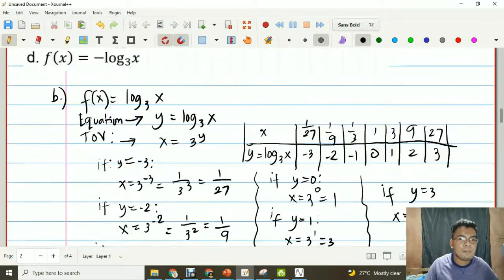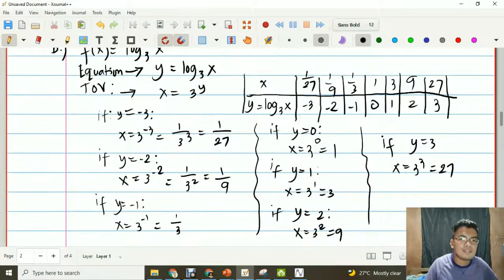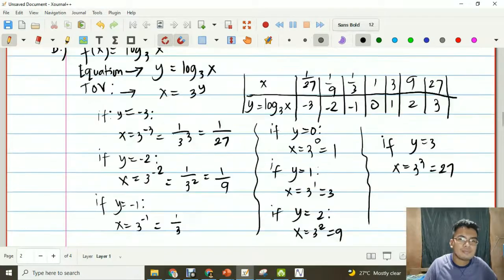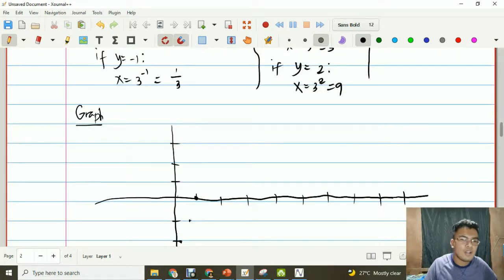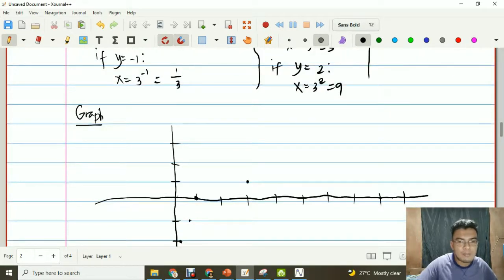If x is 1/3, then y will be negative 1. If x is 1, y is 0, dito siya. If x is 3, y will be 1. And if x is 9, y will be 2.